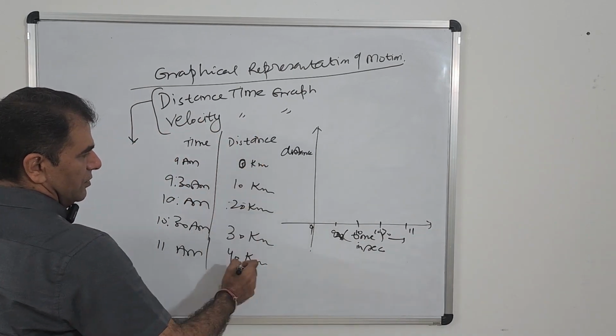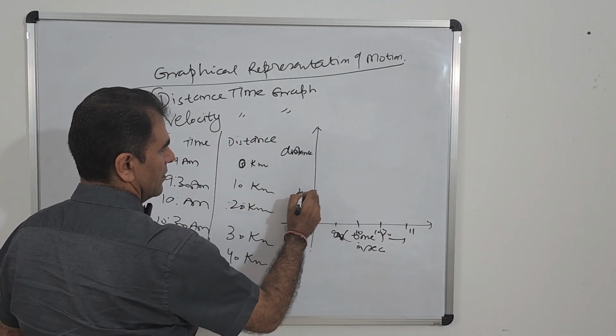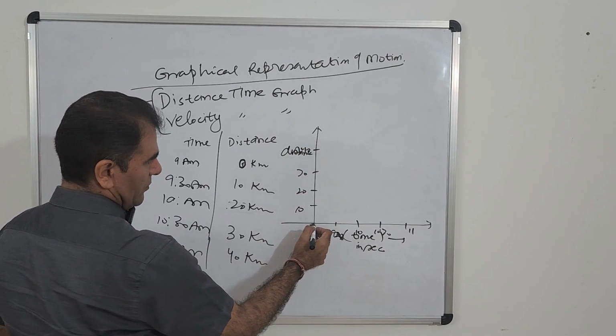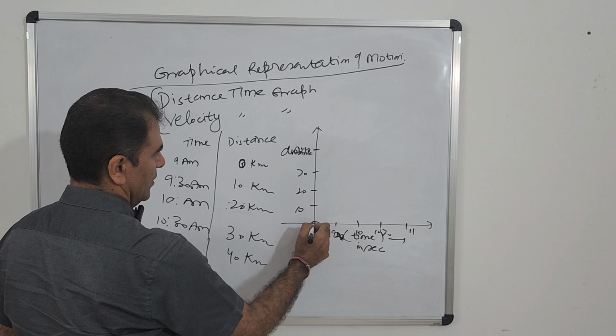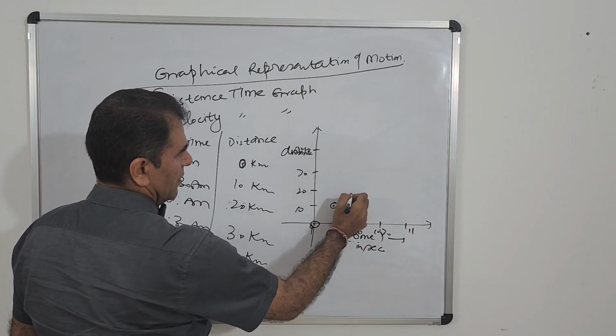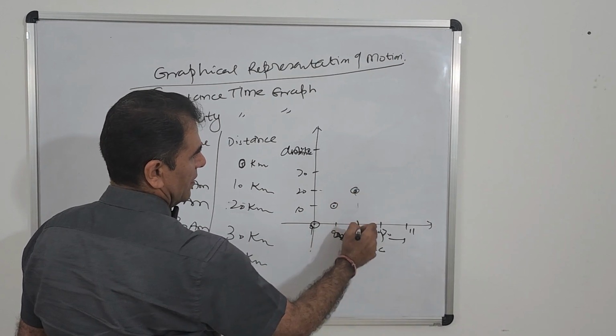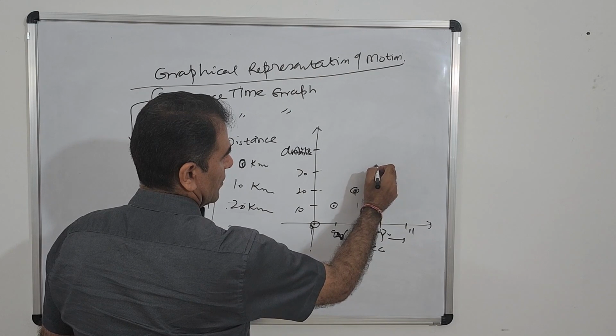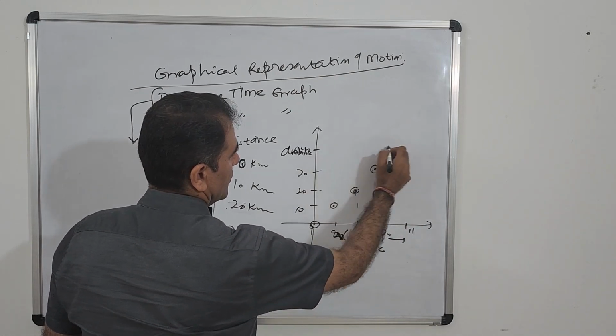Here you take 0, 10, 20, 30, 40. Now draw the graph. When it is 9, it is 0. At 9:30 it is 10, then 20 at 10, at 10:30 it is 30, and at 11 it is 40, right?